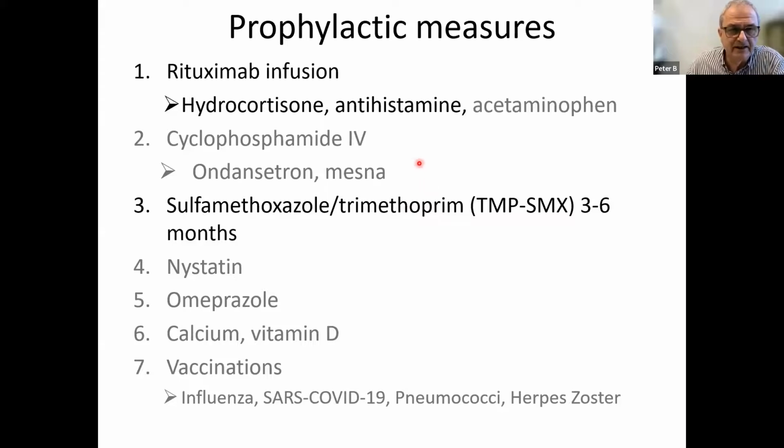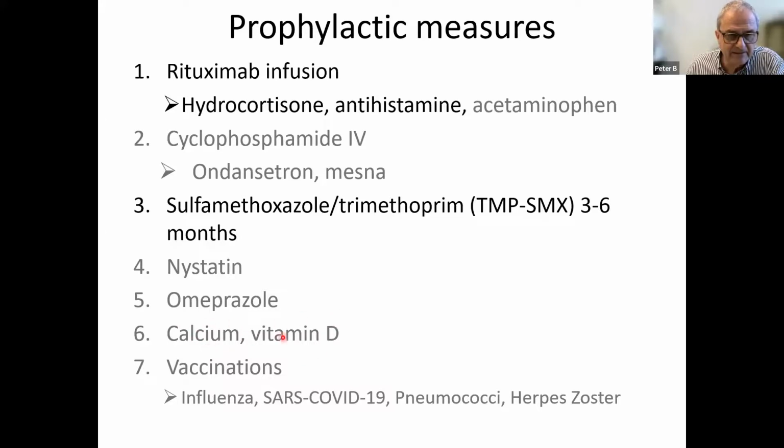And specific prophylactic measures: we have a protocol when you give infusions of cyclophosphamide and rituximab. Sulfamethoxazole, TMP, sulfamethoxazole is given to all patients at least for 6 months, sometimes longer when you have rituximab. We use nystatin, and early we also use omeprazole.